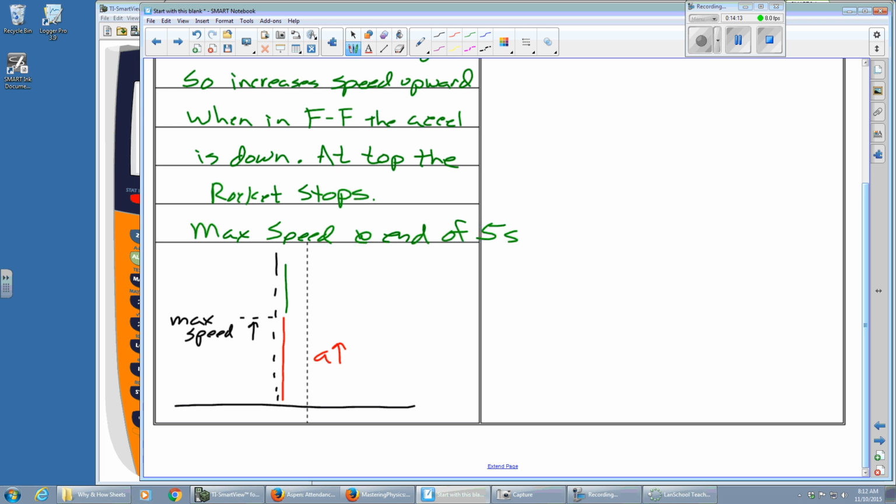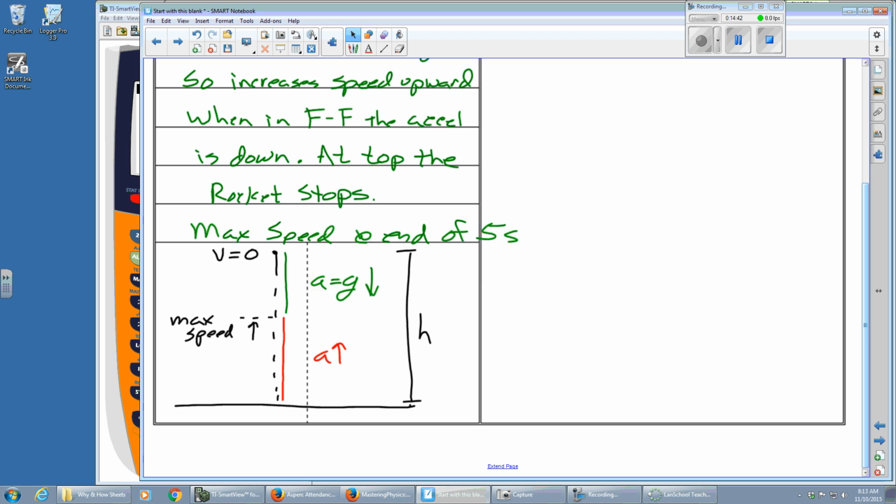During the green, its acceleration is equal to little g, and it's downwards. And then at the top, I'm going to put v equals 0. That'll be my top, and this whole thing is my height, both those segments together.